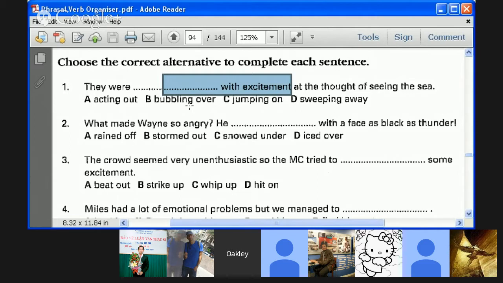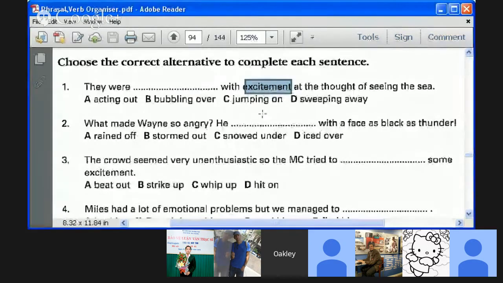It kind of means they could barely contain themselves. They were extremely emotional. You always see bubbling over with something, very commonly excitement, enthusiasm, something like that.